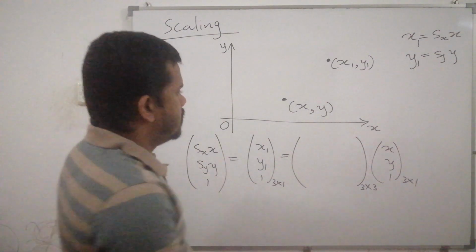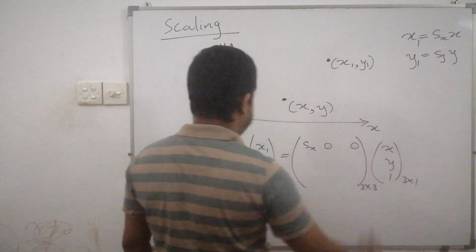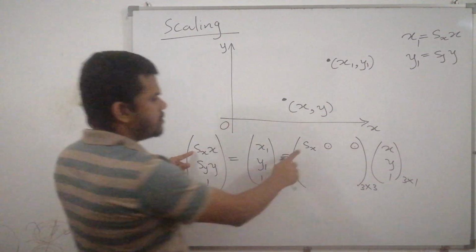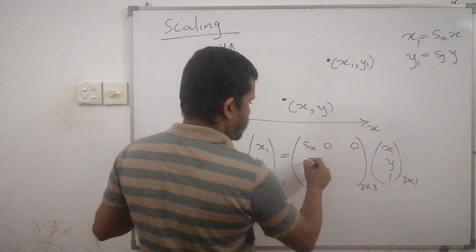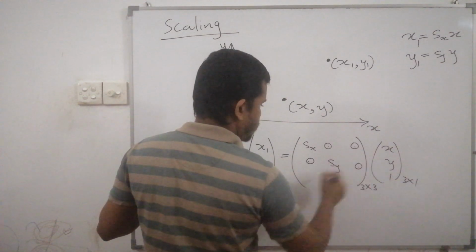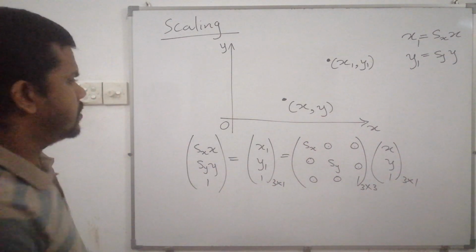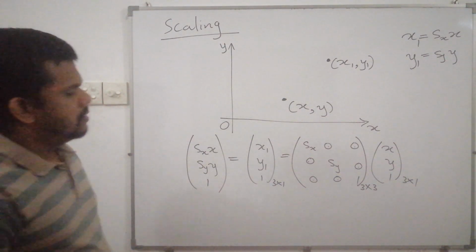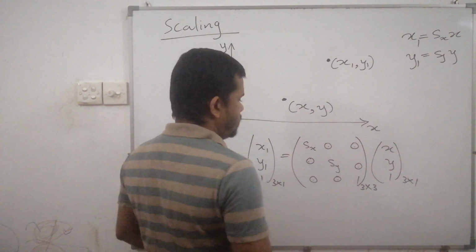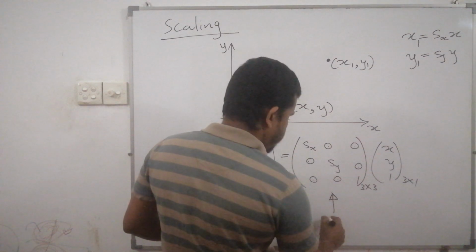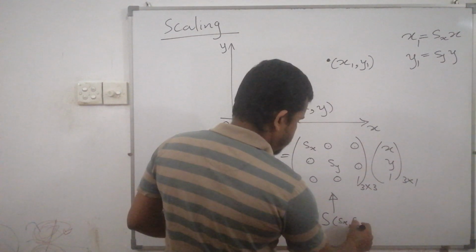Now in this matrix we put sx 0 0, then we can get this term sx into x. Then in order to get the rest, 0 sy 0, 0 0 1. This matrix we call the scaling matrix, and we write it as capital S, sx, sy.